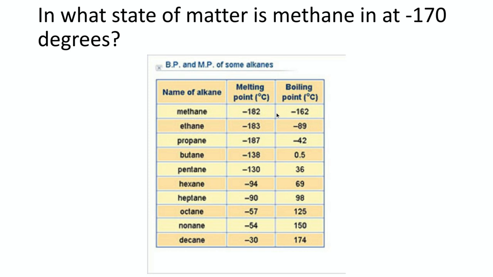Negative 170 is in between these two numbers, and so that means it would be a liquid. Pentane at negative 170. Negative 170 is less than negative 130, and that means that pentane at negative 170 would be a solid, but it would be frozen.